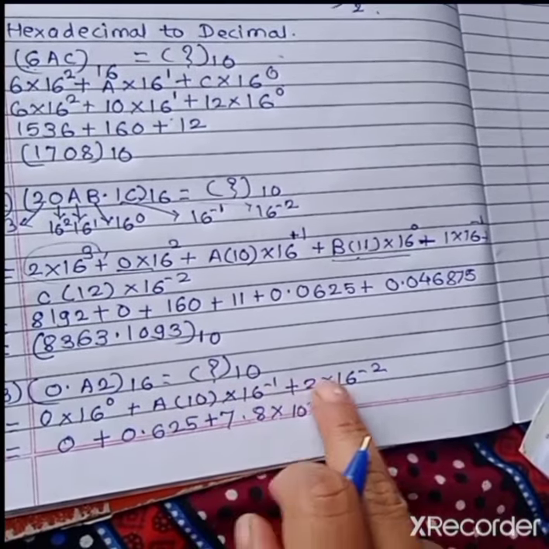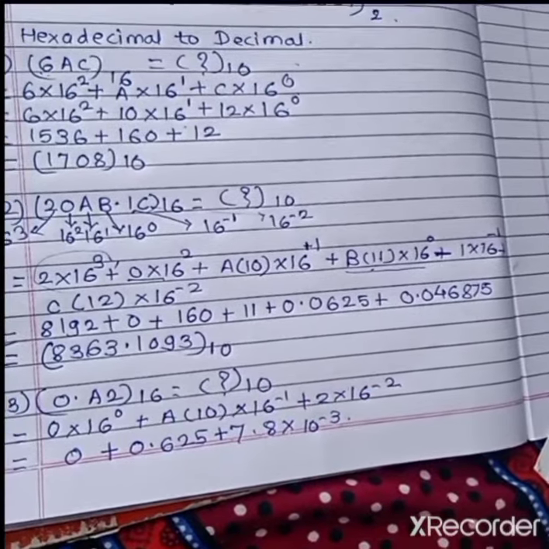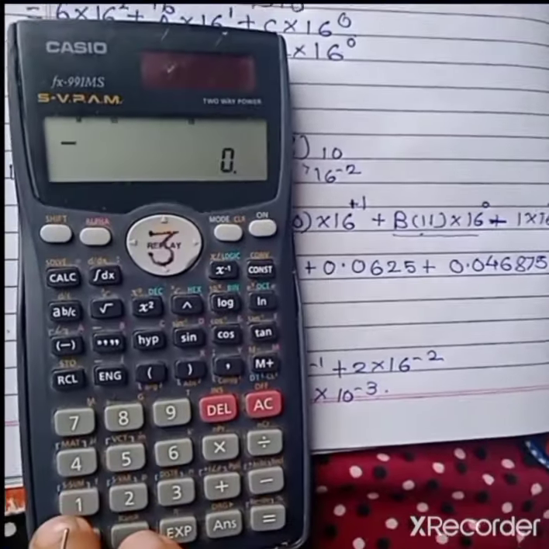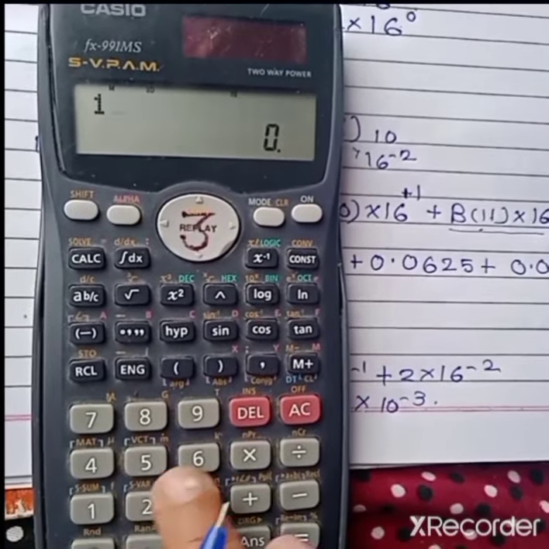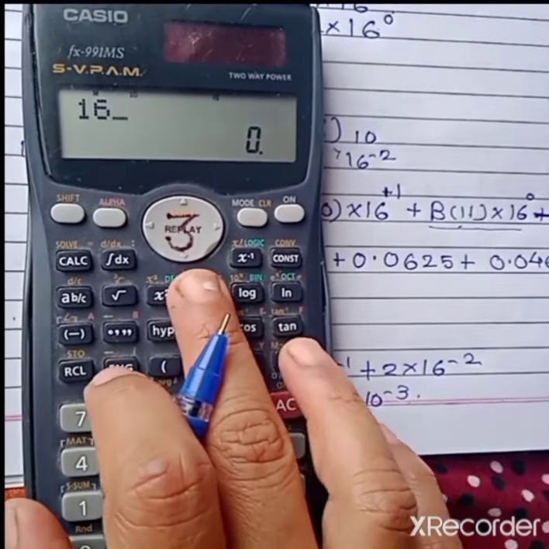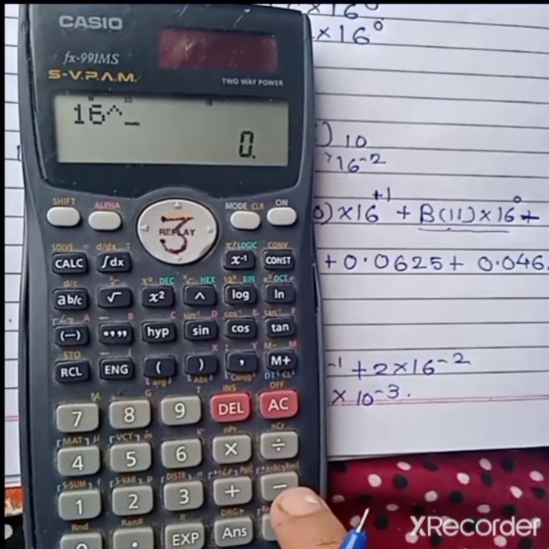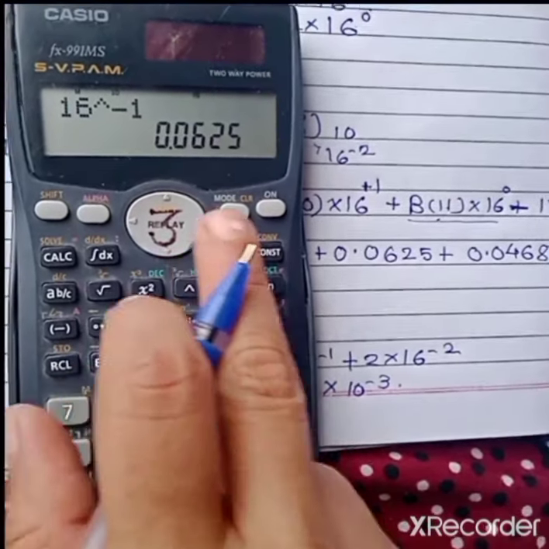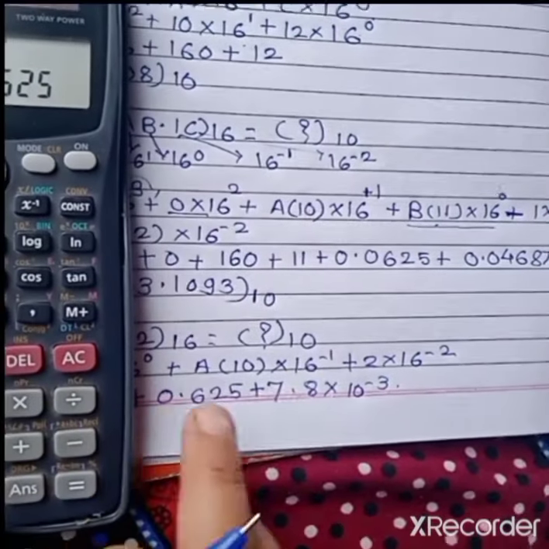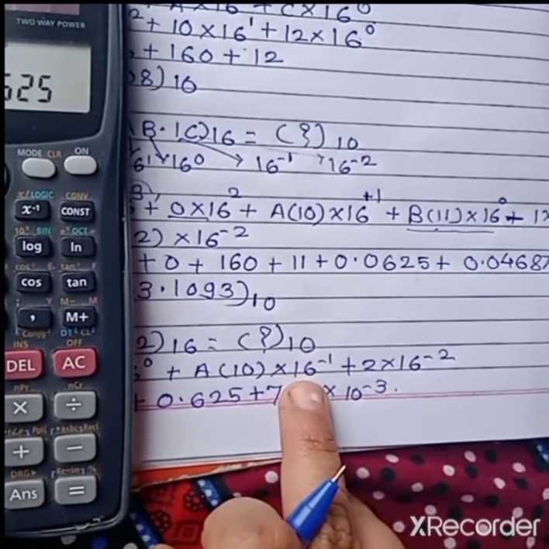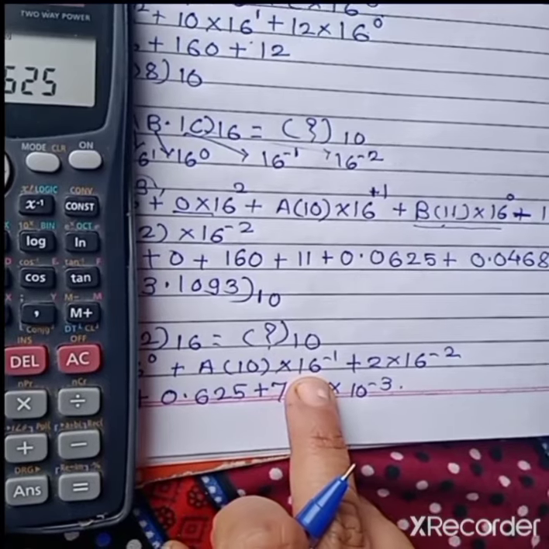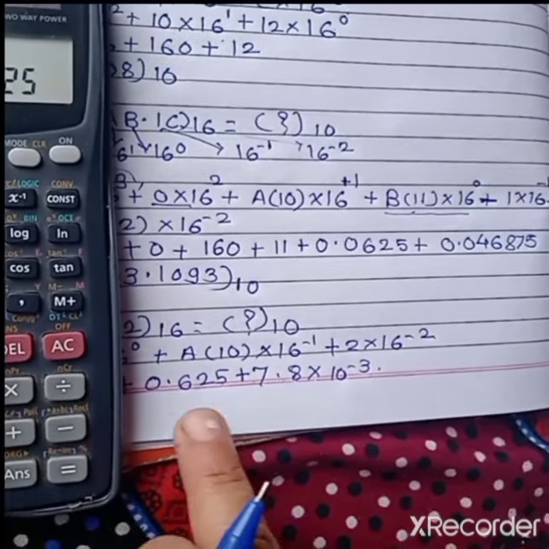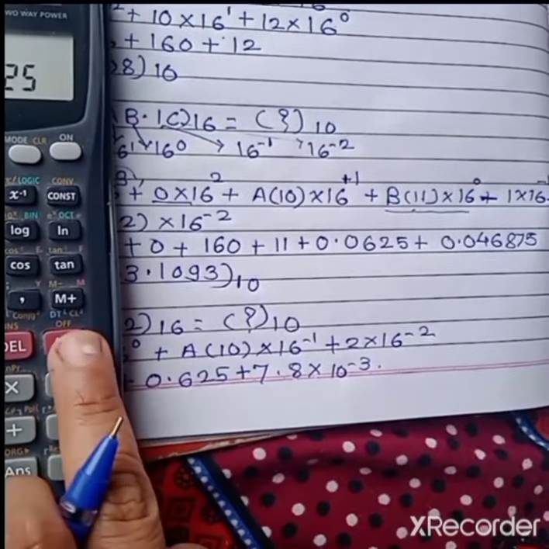How to do this calculation I will show you. Now 16 raised to minus 1, this is the sign of raised to, and minus 1, is 0.0625. Multiplied by 10 it is 0.625.